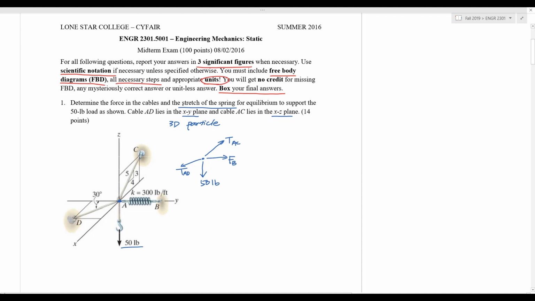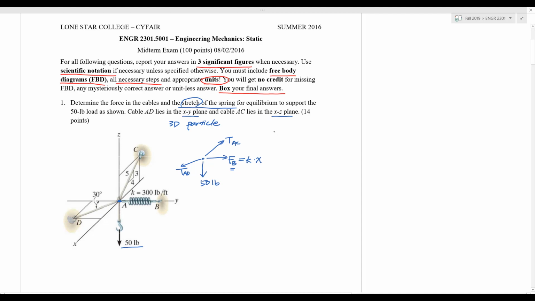So even though eventually we want to solve for the stretch of the spring, for now we can solve for the 3 magnitudes of the 3 forces, and then from there, FB equals, if you remember from Hooke's law, the coefficient of the spring times the stretch, and from there we can solve for x.